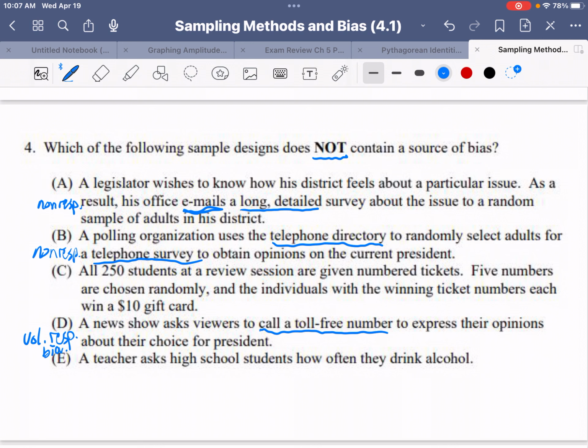So there's definite bias in that. A teacher asks high school students how often they drink. You're going to get response bias in that one for sure, because students lie. Okay, so it looks like answer choice C was the only one that does not have a source of bias because randomness was given.